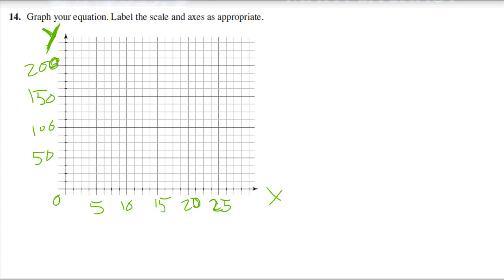So I should actually be okay trying to graph this. So halfway between 0 and 50 is 25. My y-intercept is 28. So I'm going to put a line just above 25 for my y-intercept.